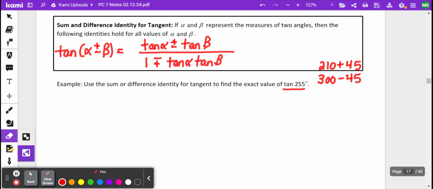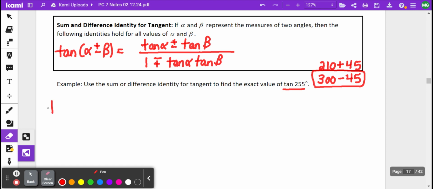So I'm going to tell you right now, I actually did it in my notes with the addition one, but I want us to do a subtraction together. As I said, you would get the same answer no matter which one you use, but we're going to use the tangent of 300 minus 45.